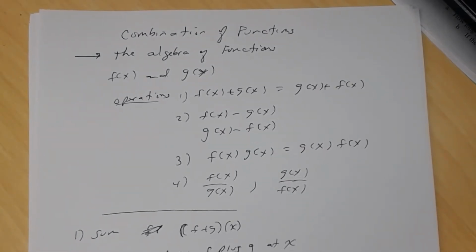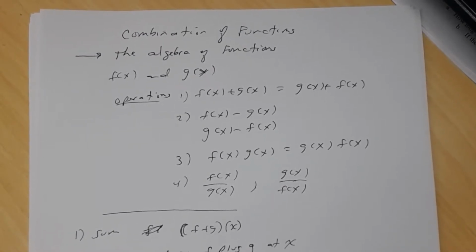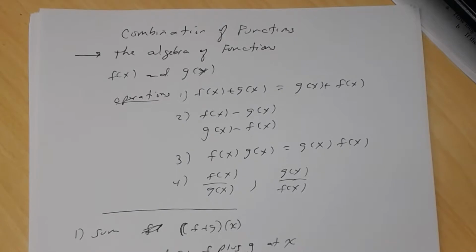That's how you read this. Okay, so f plus g at x by definition is f of x plus g of x. That's what that means. So I'm going to take the function f at x, I'm also going to take the function g at x, and I'm going to add them together.